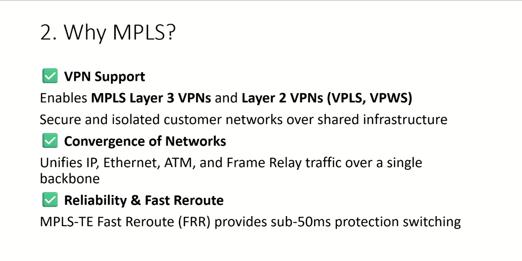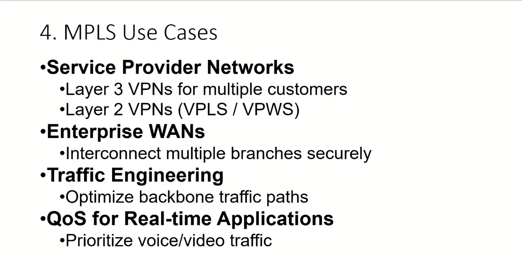Switch over happens, but it takes time. Convergence time should not take much time. It should be less than 300 millisecond for voice and video. Now this MPLS traffic engineering guarantees less than 50 millisecond rerouting convergence.